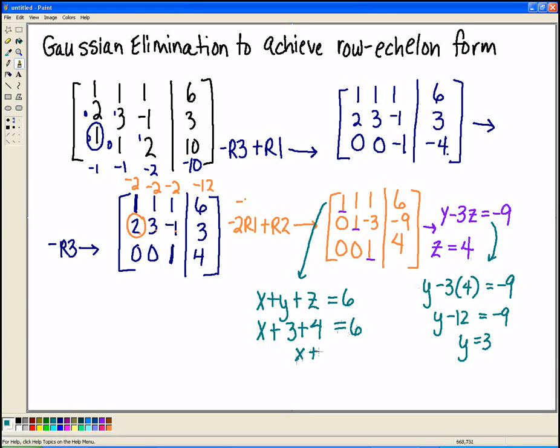I get x plus 7 equals 6, or x equals a negative 1. So my solution for this is negative 1, 3, and 4. Okay? And that is how we translate an augmented matrix into row echelon form and then get the final solution.